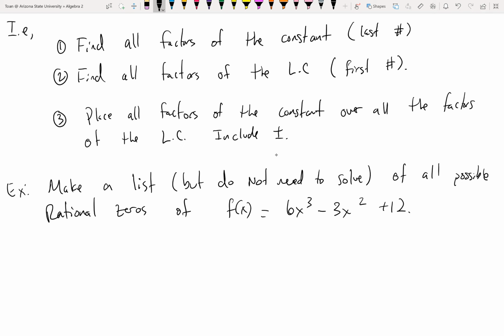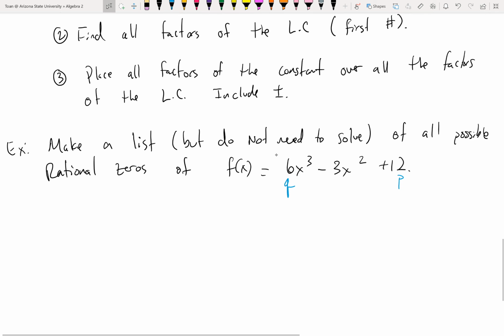Right. So I'm not going to give you this guy's graph, and I'm asking you, what is the list of all possible rational zeros? What are the list of all possible x-intercepts? Well, the first thing you have to remember is that your last number is P, your first number is Q. So let's go ahead and make the list.